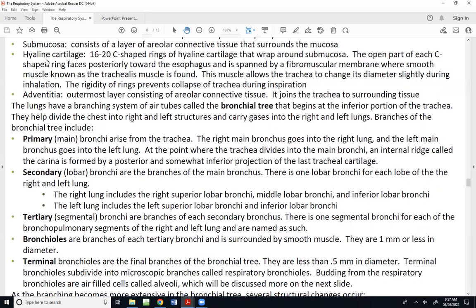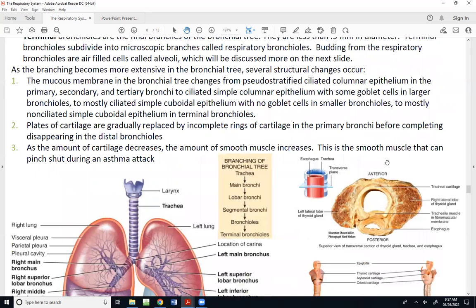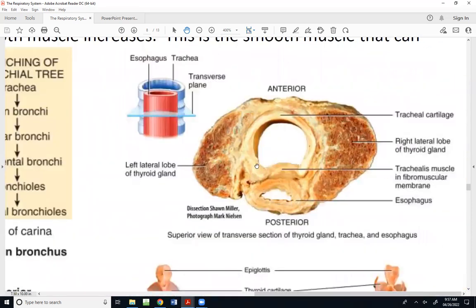The third layer is a very important layer. It is made up of hyaline cartilage. It is made up of 16 to 20 C-shaped rings that wrap around the submucosa. If we look at this image here, it gives you a good view of that cartilage, and the shape that it has is very visible with this kind of white shading.